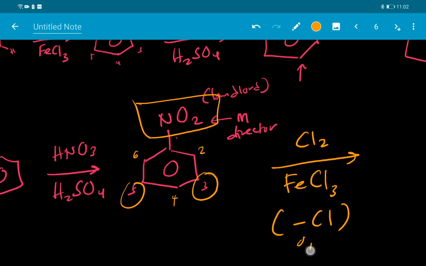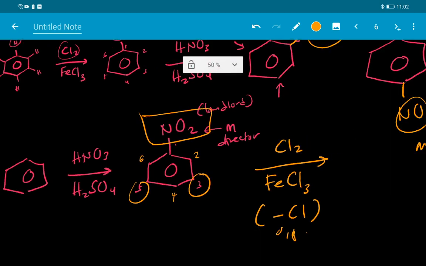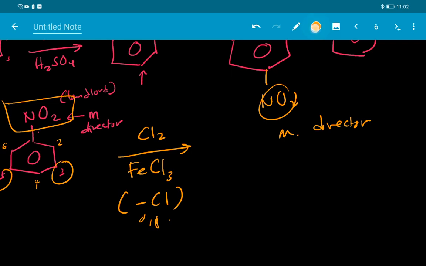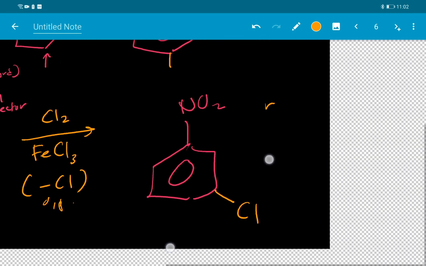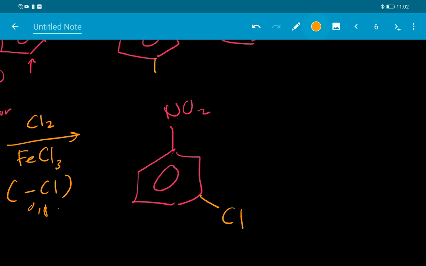Walaupun chlorine sendiri adalah ortho-para director, tapi memandangkan dia menyewa, jadi apa yang dia perlu buat, dia kena dengar cakap nitro. So what's going to happen is, if you have the nitro compound, okay, I'm going to delete this first to make it clear. Originally it was nitro. The chlorine can only be positioned at number 3, or it can only be positioned at carbon number 5.